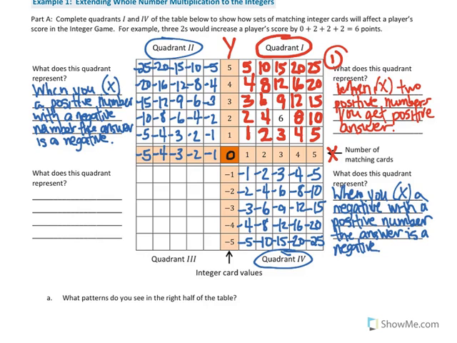Alright, so let's just stop right there for a second and look at this. If you guys look at quadrant 2 and quadrant 4, what do they have in common? They both have negative products. They both are multiplied, a positive times a negative, and have a negative product, okay?